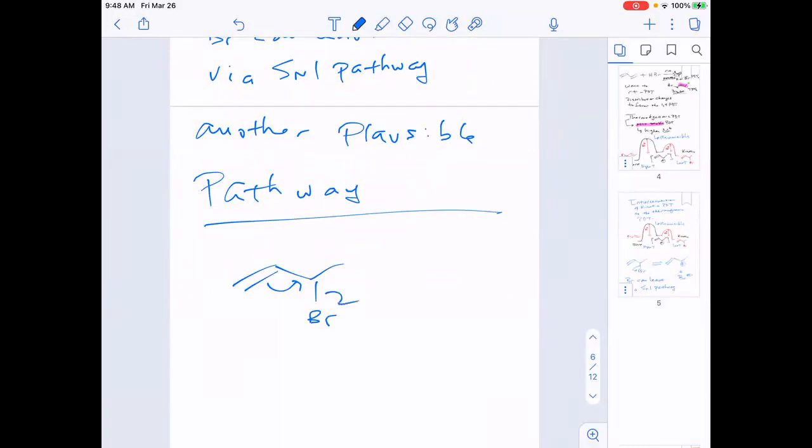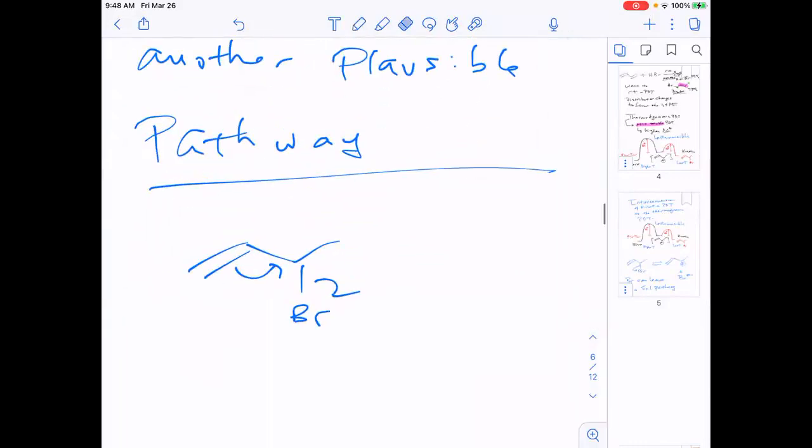Yes. But would it just take longer if you did it like that? Not necessarily. That's why I said it's a plausible pathway, because it could happen either way. And there's a way to probe it too. You could probe it by NMR.